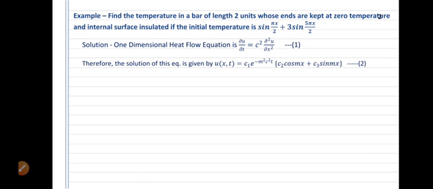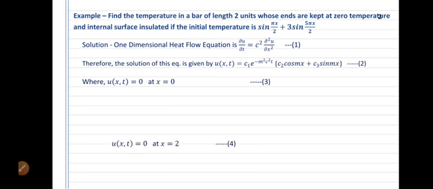Now our aim is to find the values of these three constants c1, c2, c3 using the three conditions given in the example. Now let us write the conditions in mathematical form. The first condition, u(x,t) equals 0 at x equal to 0. It is nothing but the condition that at the first end of the bar the temperature is 0.